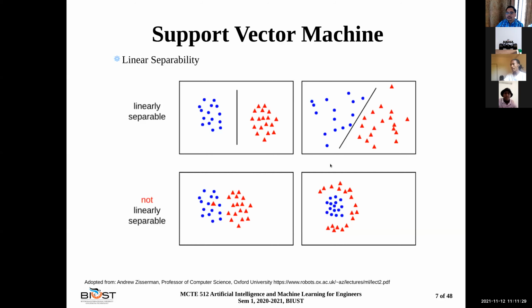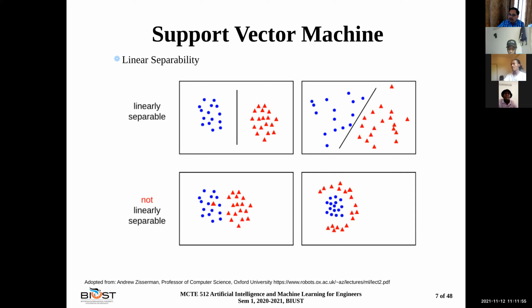Okay, so we are saying that support vector machine is used to classify data. In this case, we are showing two sets of objects. We want to classify those objects into two: one is the blue circles, and the other one is the red triangles.